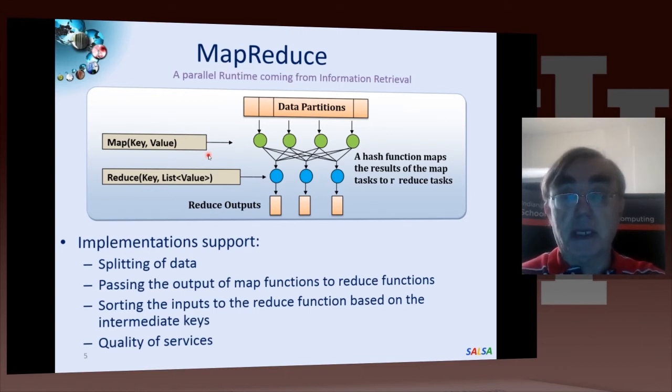So these implementations, especially Hadoop, support splitting the data, giving it to map functions, taking the map outputs and giving them to the reduce function, sorting the inputs to the reduce functions, and also have various quality of service to get the answer in a good time. Because if this was information retrieval, the user wants the answer in a tenth of a second or so.